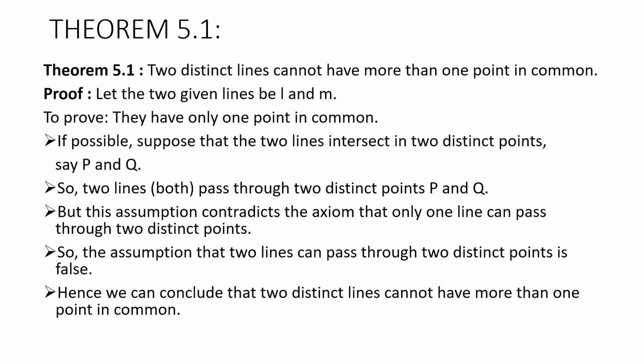Here two lines pass through two distinct points, so it gives a contradiction. So our assumption is false. Our assumption that two lines can pass through two distinct points is false. Hence we can conclude that two distinct lines cannot have more than one point in common.